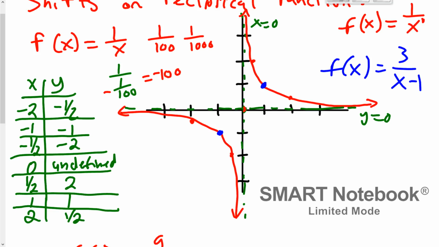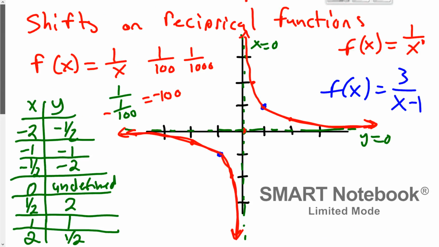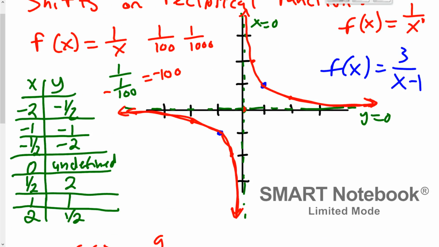And once I find the closest point, I know it's going to go either up or down towards my vertical asymptote, and then it's going to go right or left towards my horizontal asymptote. We'll talk about that later. Even though we graphed all these points, all we need is that closest point, or any one point on each side of that vertical asymptote, and we really have this graph down. Okay, so now let's look at some of the other shifts, what this minus 1 does.